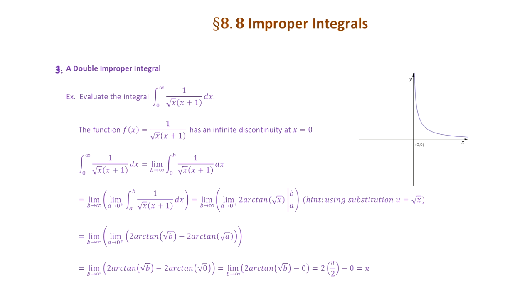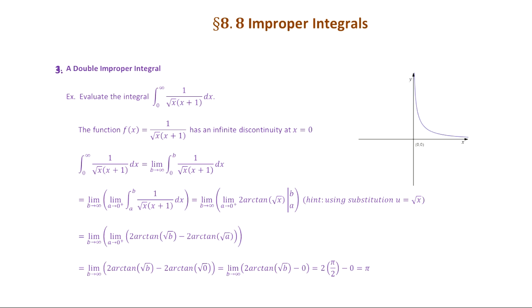All right. So now, if you integrate 1 over square root of x times x plus 1, using substitution, u equals square root of x. Again, you have to double check yourself at home. I don't have time to go through the details, but we talked about this kind of thing before.